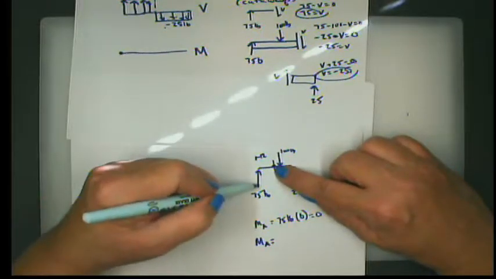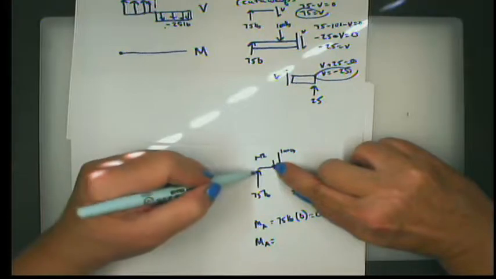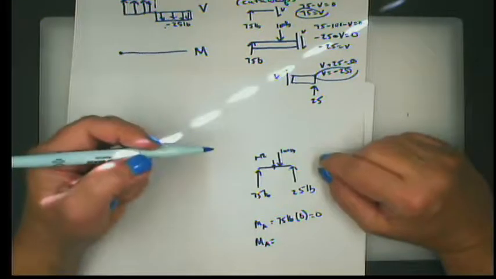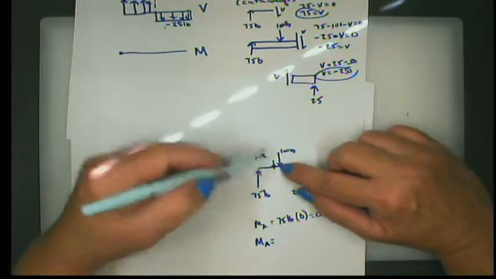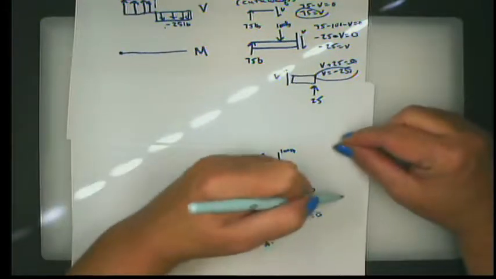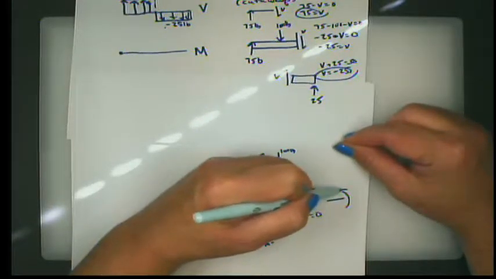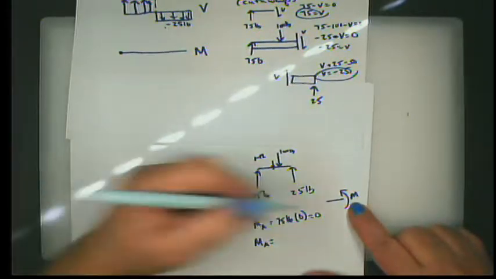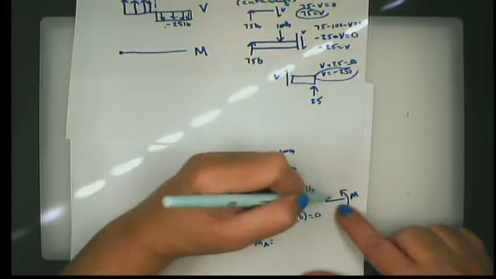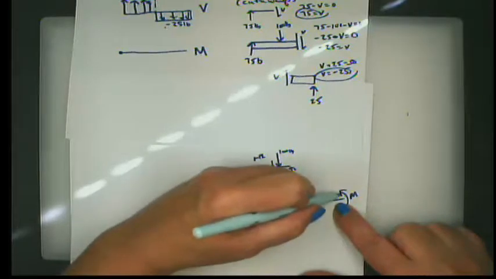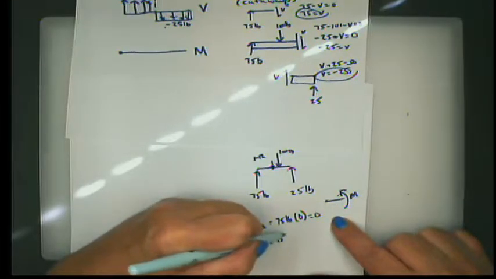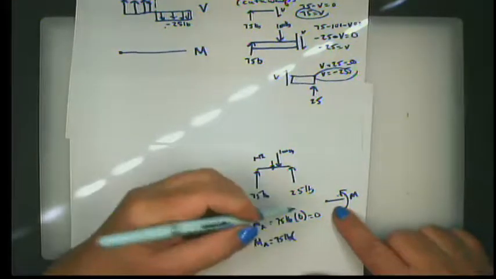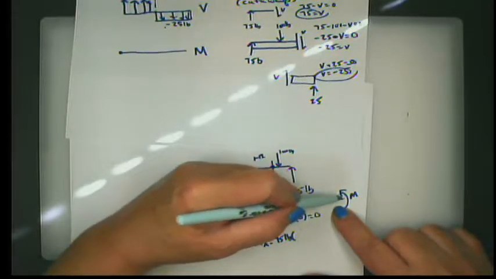what I have is, I'm trying to think about how to describe this. All right. I always draw a positive moment, first of all. And this is my moment. That's the response. So from 0 to 12 inches, the moment everywhere along here is going to be 75 pounds times the distance.